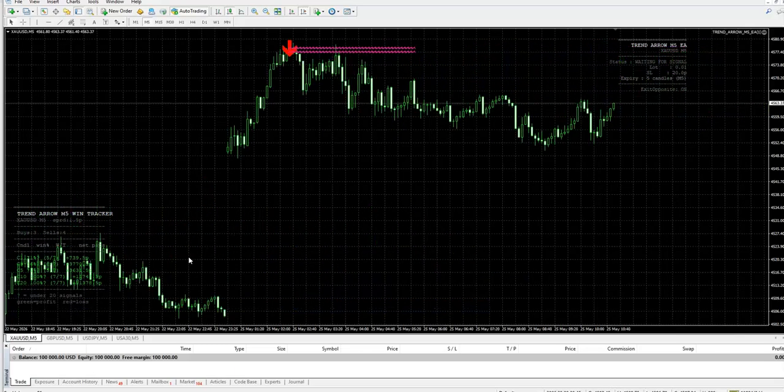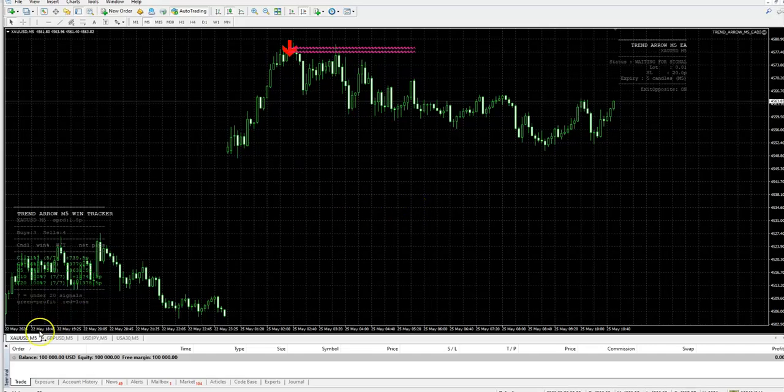But maybe you don't have time to wait here for an arrow. So this is the system, guys: one arrow, entry on the next candle. You don't need to do anything else. Just wait for the arrow. When you see it, enter at the open of the next candle.